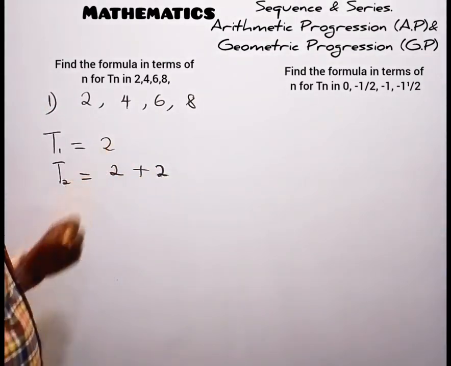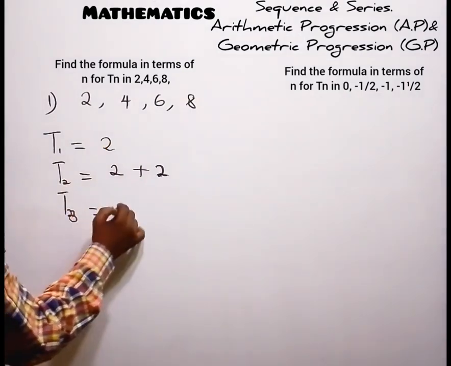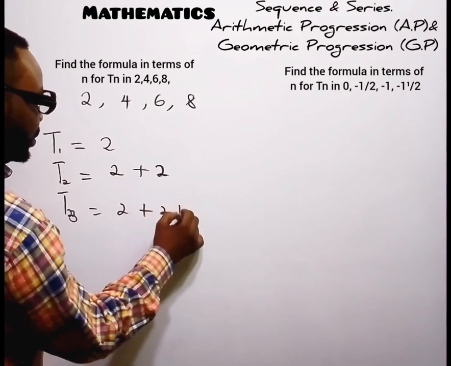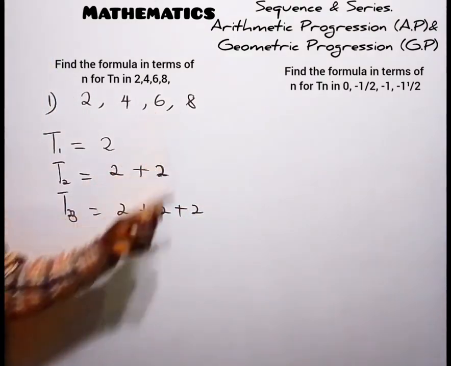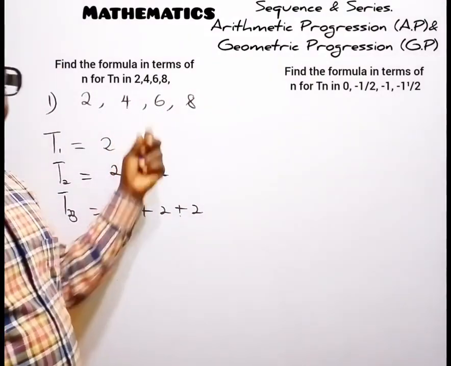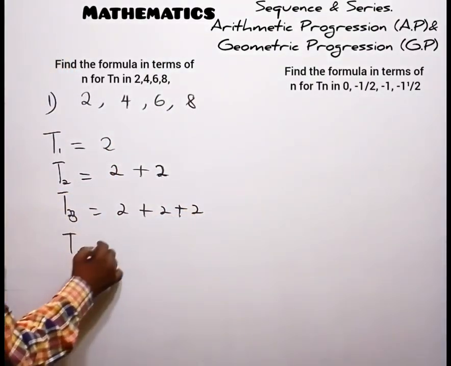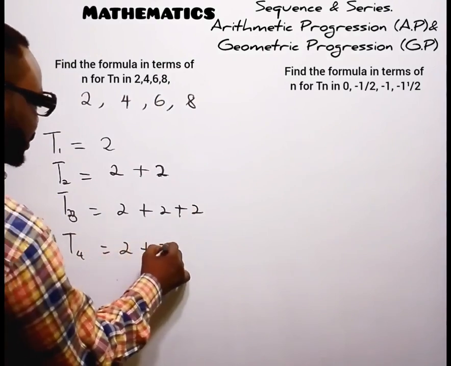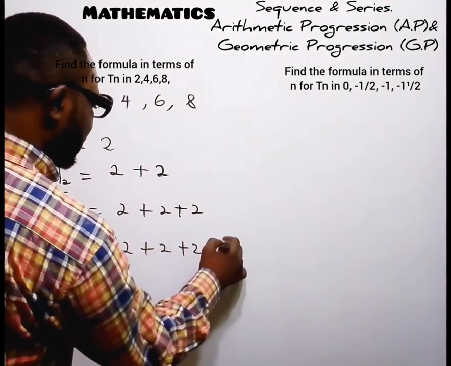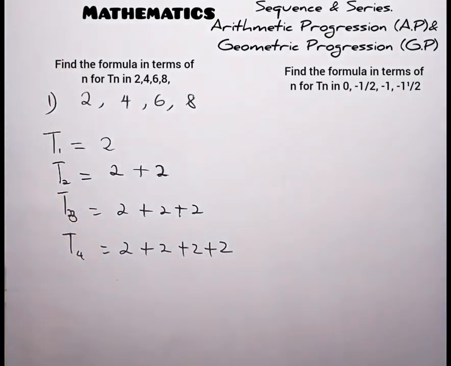The third term will be equal to 2 plus 2 plus 2, because it is 6. The fourth term, T4, is equal to 2 plus 2 plus 2 plus 2, which is equal to 8 as well.